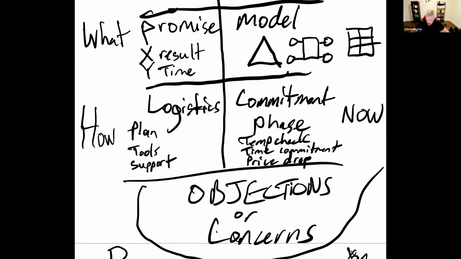After you go through the model, you explain how you're going to get them or what you're going to do to get them the results. The how is just what they need to know, like the basics of how you deliver the service. So listen, basically here's the 3 things you need.